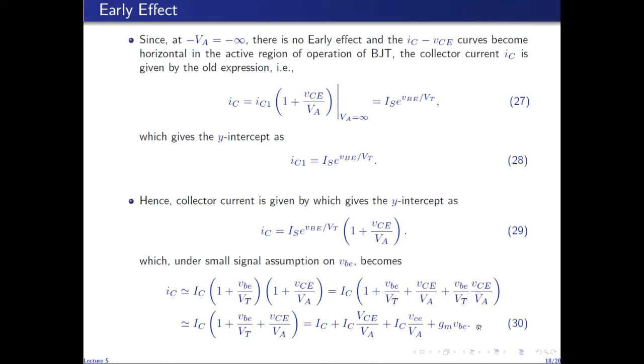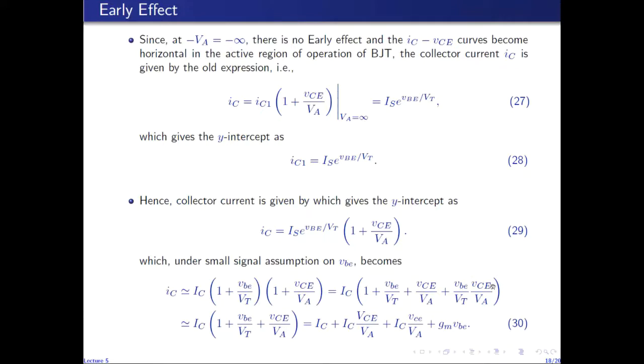So if VA is of the order of 10 volts or so, and we know that the overall voltage, which is small signal plus the DC, can rise to about half of the VCC of the amplifier, because a good biasing design constraint is that the output DC VCE be biased at 50% of VCC, as we saw in the last lecture.